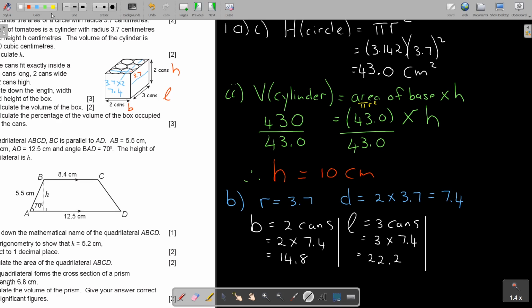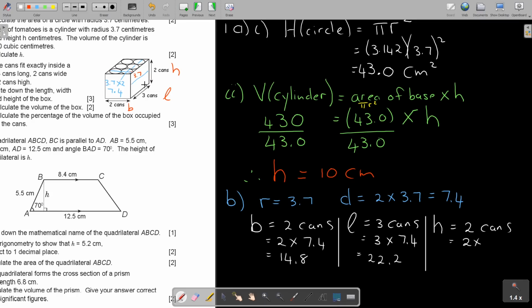Okay, the last one will be the height. And the height will be 2 cans. Okay, so the height is 2 cans, but I almost made a mistake, because there's 2 of them.